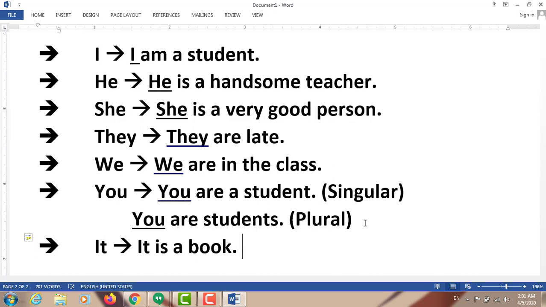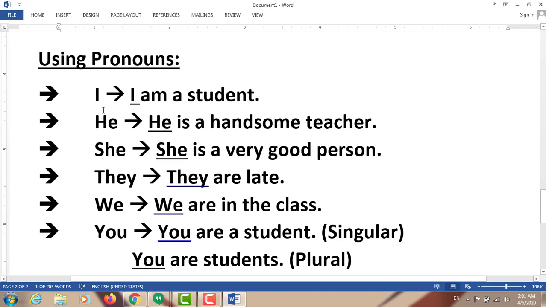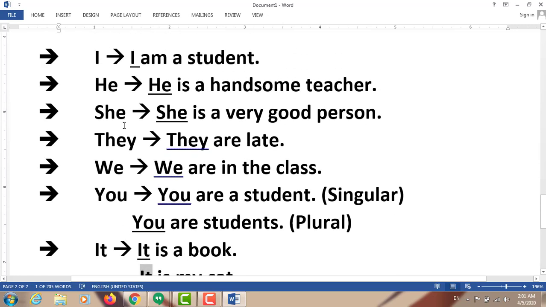So I say it's a book. Okay, and then let me use it for an animal. You say it's my cat. It is my cat. Okay, so this one is used for things. Oh, are we not missing anything? I, he, she, they, we, you, and it.